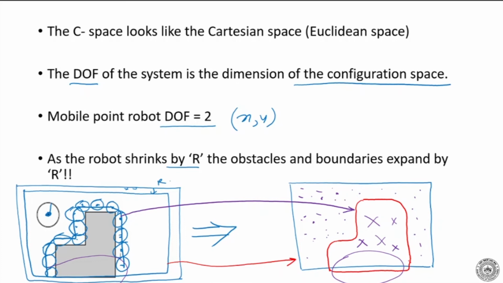By how much? By r. It is like the obstacle has expanded and the robot has shrunk. Now this is my C space, and this is my Cartesian space. They look like they are the same, but they are different spaces. In the case of a serial arm, we'll see that the spaces don't even look the same. They look very different.